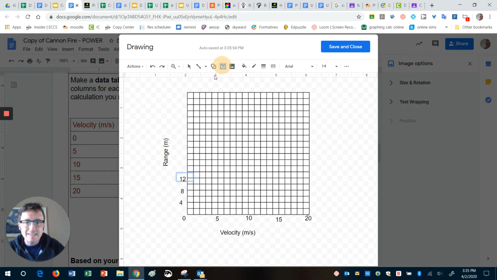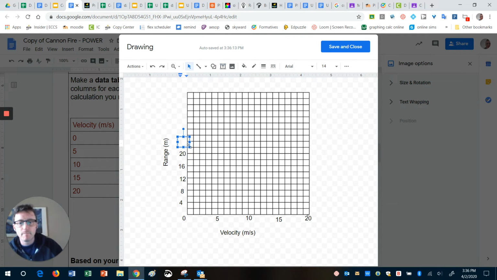I have 14 and 16 for the next one. And then I have 18 and 20 for the next one. And then 22 and 24. And I don't need to go higher than that because I know my biggest number was 22.